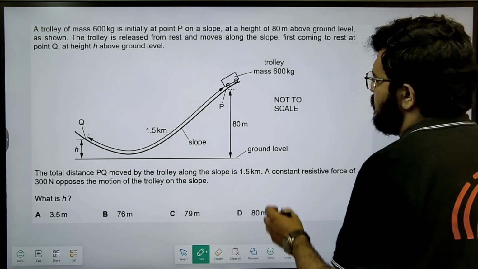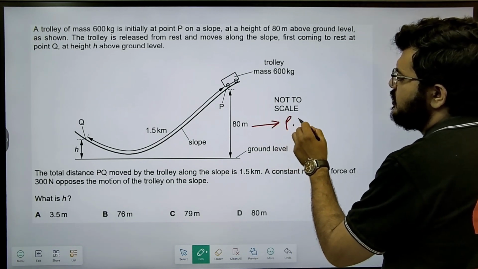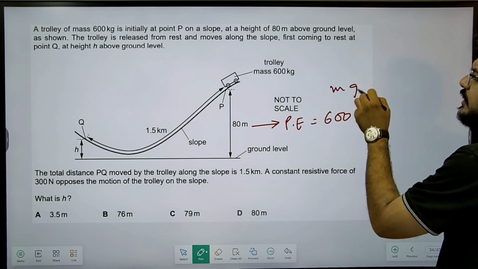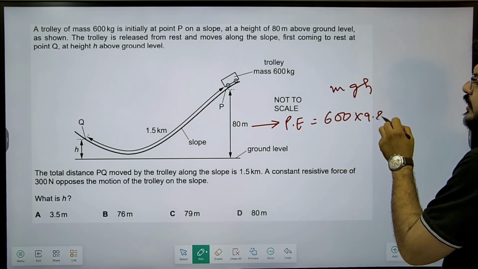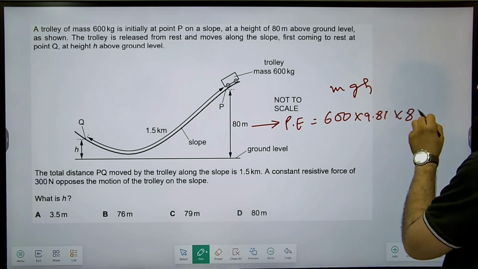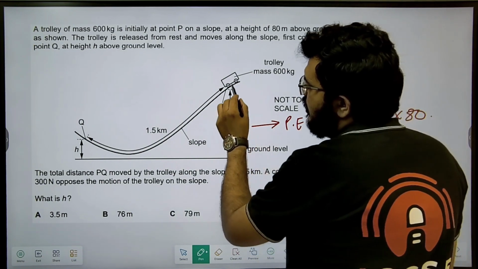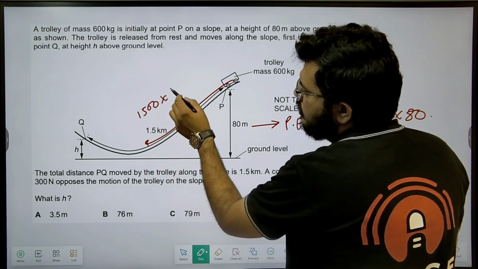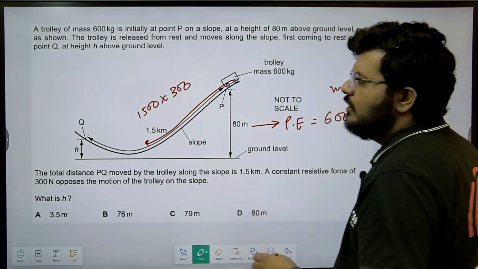What is h? So here it has a potential energy of mgh basically. So m into 9.81 into height, which is 80. It does work of 1500 into 300 against friction.